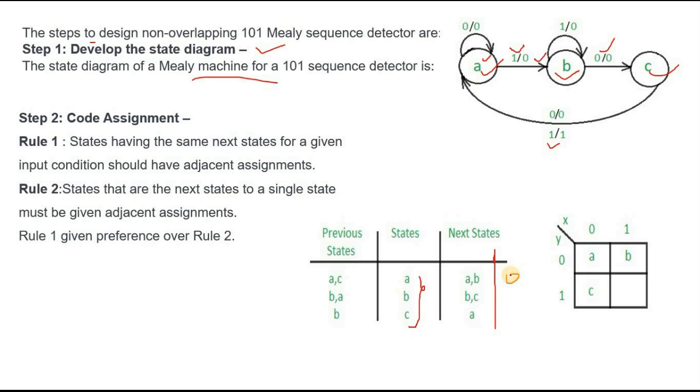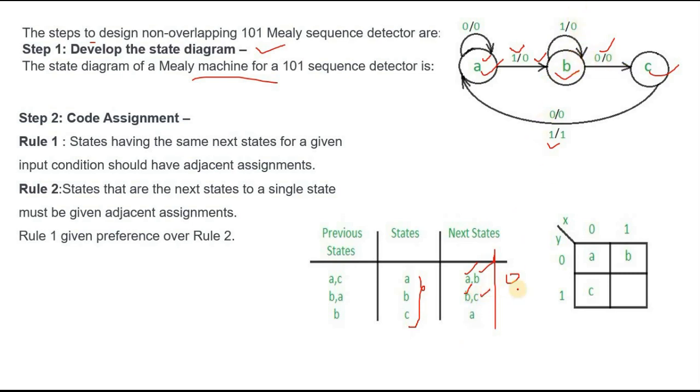Input is 1. And at the same time, A to A, output is also 0. And coming to the B state, B to B is one case, B to C is another case.